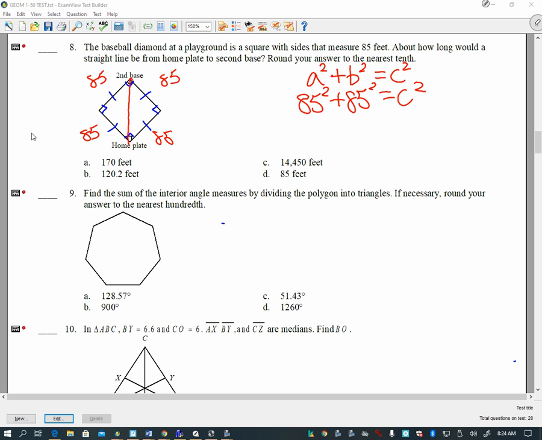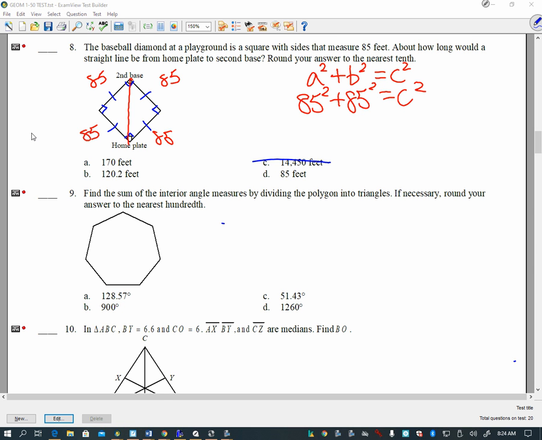Which makes sense. There are a couple of answers that we could eliminate here. We could eliminate this for being ridiculous, right? Can you imagine being the catcher and trying to throw somebody out at second base if it was 14,450 feet away? Do you know how many feet are in a mile? 5,280. So 14,450, you're talking almost 3 miles. That's a long throw to second base, right?